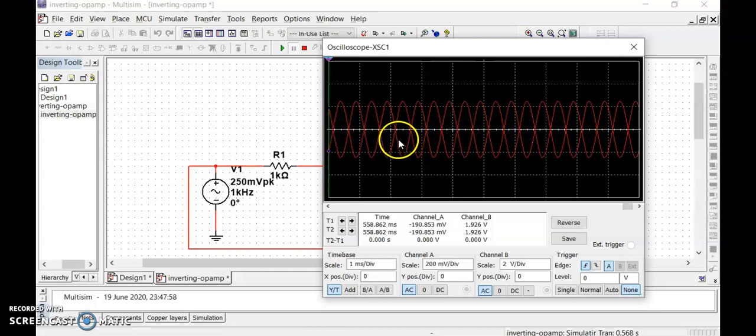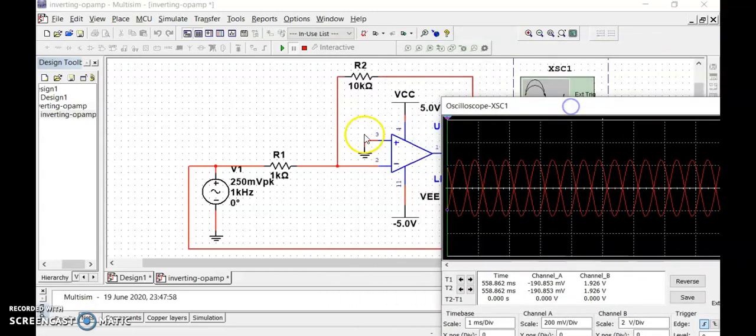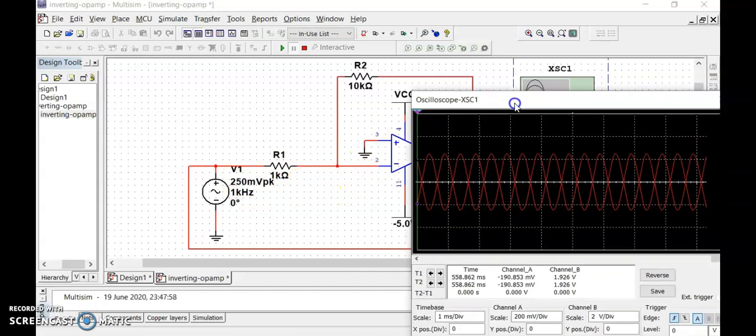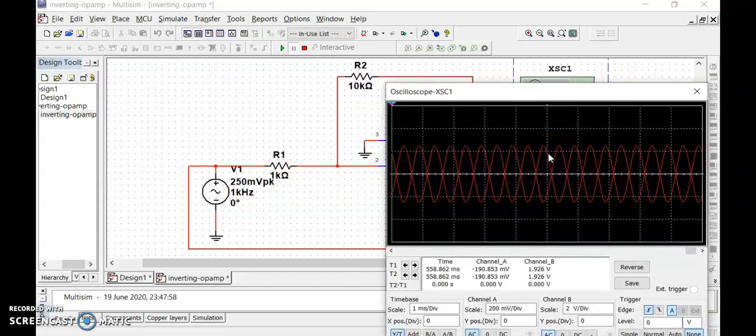Input signal is quite opposite to the output signal. Both are out of phase. Output is out of phase with our input, so we can say that it is an inverting operational amplifier. We have applied the input to the inverting terminal and output is out of phase with our input. Okay, this is all about our first experiment.